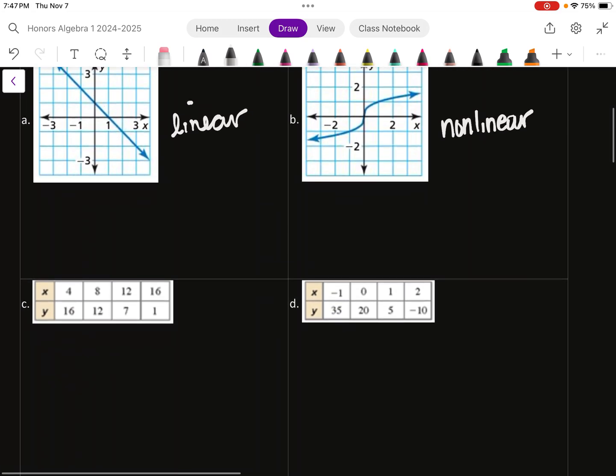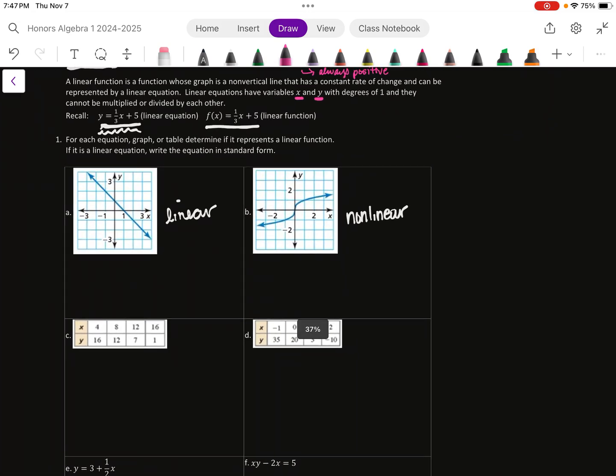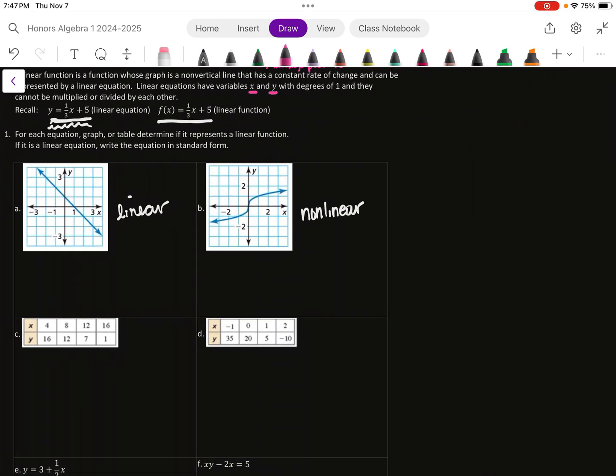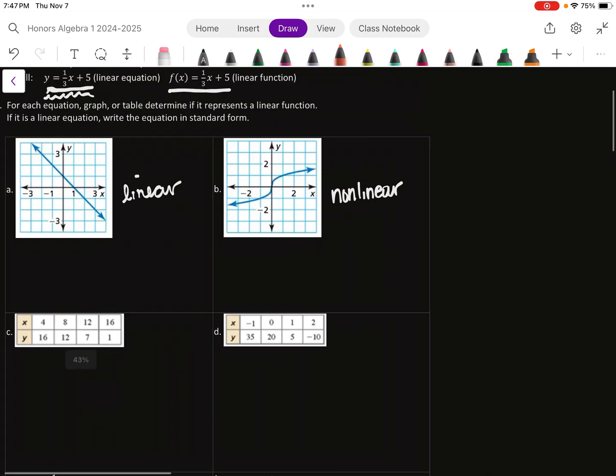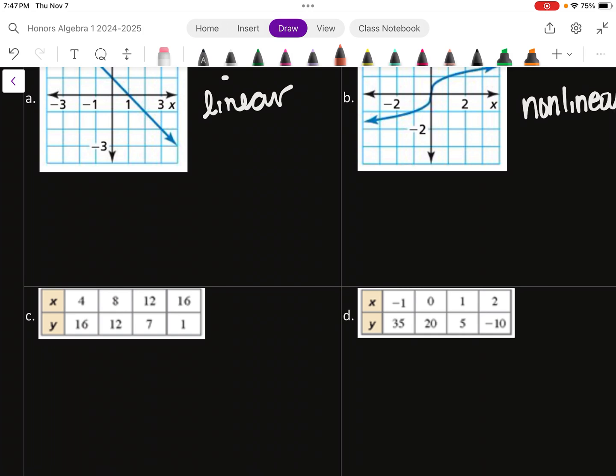And then we got these tables here. How do we figure out if those are linear? Well, by definition, it says a constant rate of change between the x and the y. So if we go here, this is plus 4. This is plus 4. This is plus 4. So that's a constant rate of change in x.